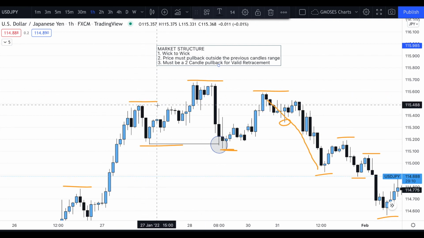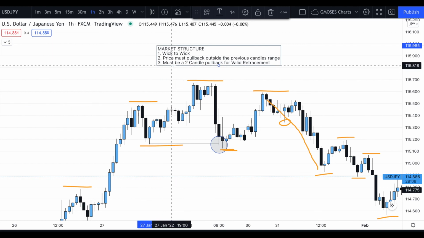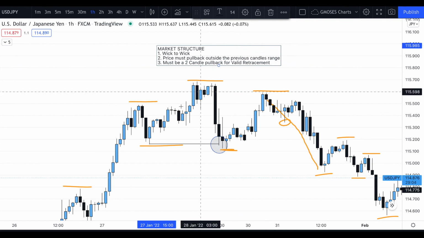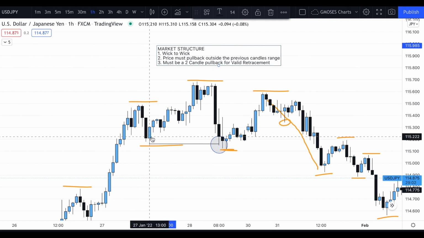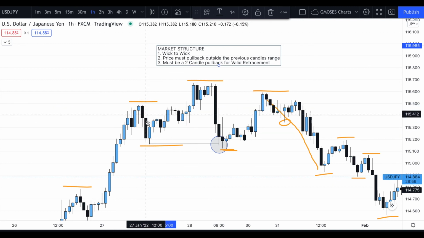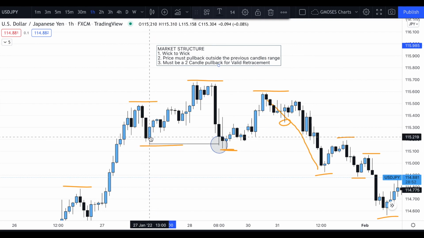So it broke this range here. And then it must be a 2 candle pullback to validate the retracement, meaning that in order for this to be valid, it must be 2 candles from where the highest wick is. So we have 1, 2, 3. So this is a valid retracement to validate the structural leg here, okay?